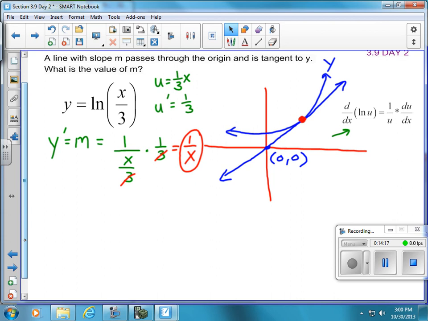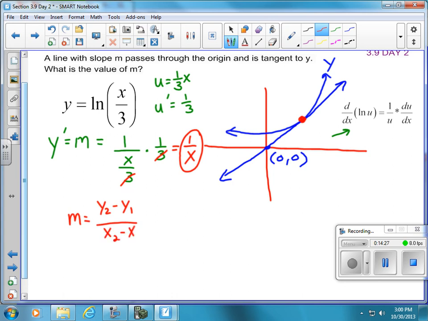We also know something about a slope formula, I think. y2 minus y1 over x2 minus x1 equals 1 over x, which is our derivative, m, right? So we know one x and we don't know the other one. Although we know that this is y, and so one point would be x, ln of x over 3.